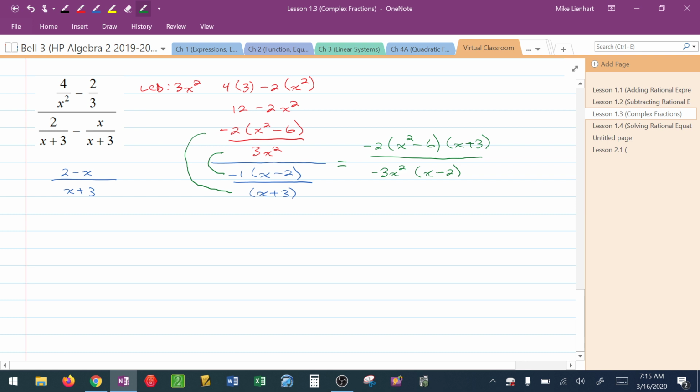All right, the only thing that I noticed that I can simplify here is get rid of those negatives. So I'm going to write my final answer as 2 times x squared minus 6 times x plus 3 divided by 3x squared times x minus 2. I hope this helps. Let me know if you have any questions.